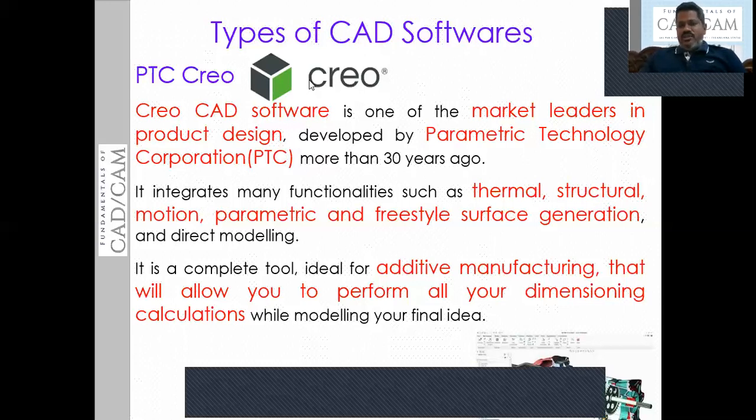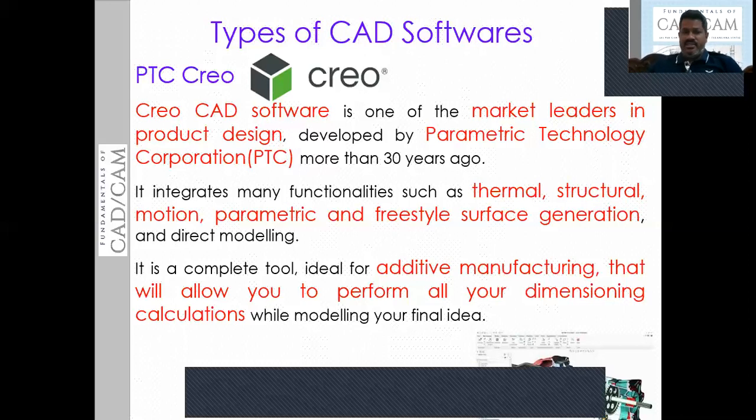Moving forward, it integrates many functionalities such as thermal, structural, motion, and parametric and freestyle surface generation. Using PTC Creo, you can create freestyle surfaces in whatever way you want.